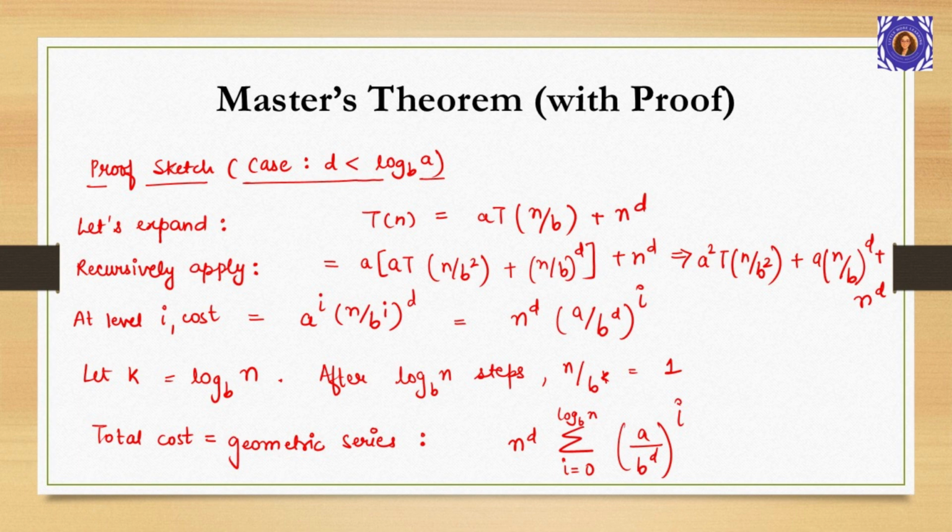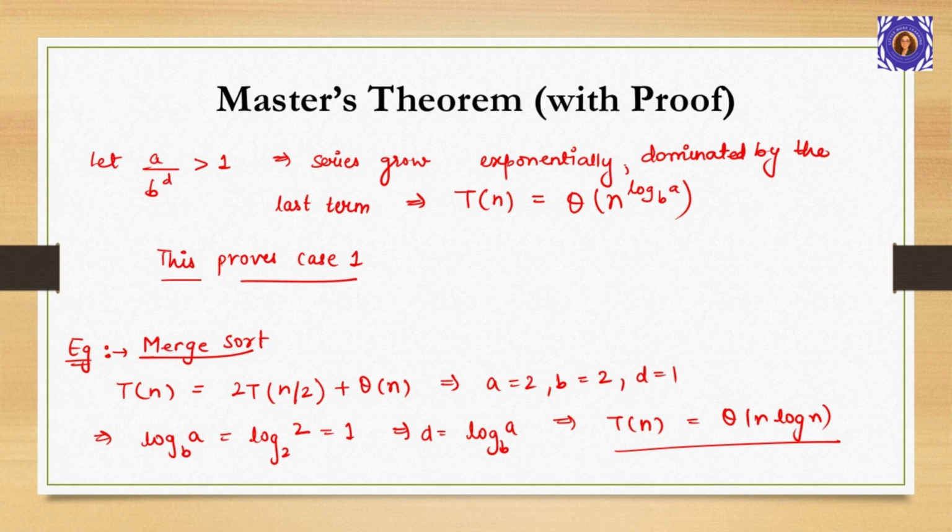At level i, the cost is a to the power i times n divided by b to the power i, to the power d, which equals n to the power d times a divided by b to the power d, to the power i. Let k equal log base b of n. After log base b of n steps, n divided by b to the power k equals 1.